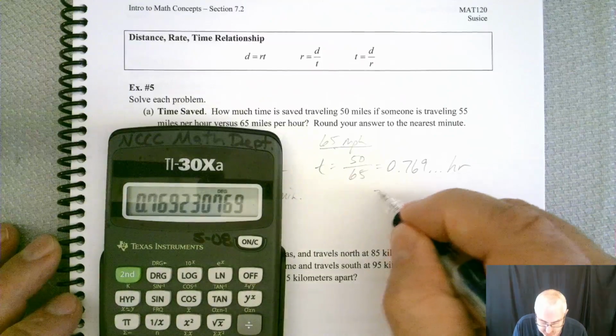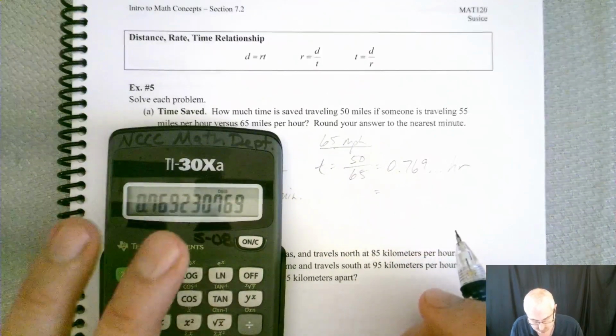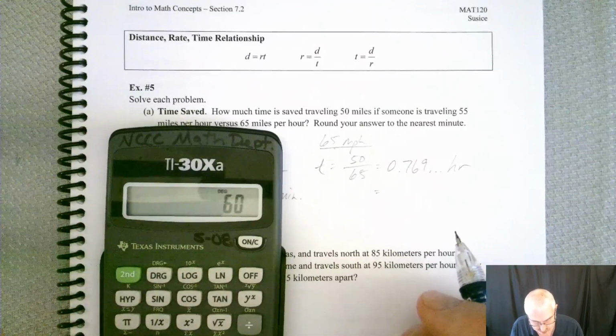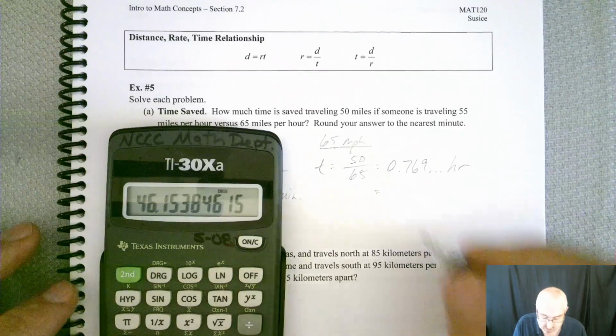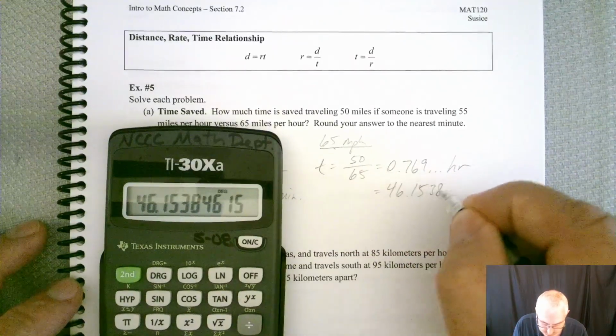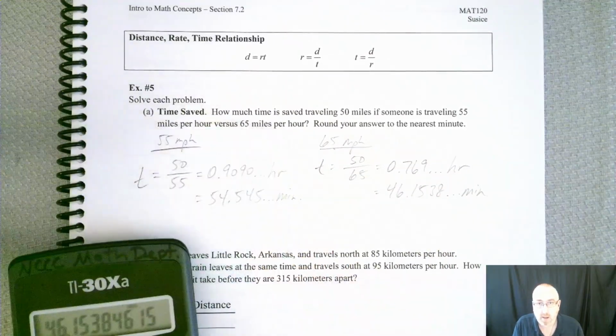And we want to change that into minutes. So let's times that. Oops, not times, divided by, times. I'll get it right, folks. So 46.1538 minutes. Okay, so there's our two answers.